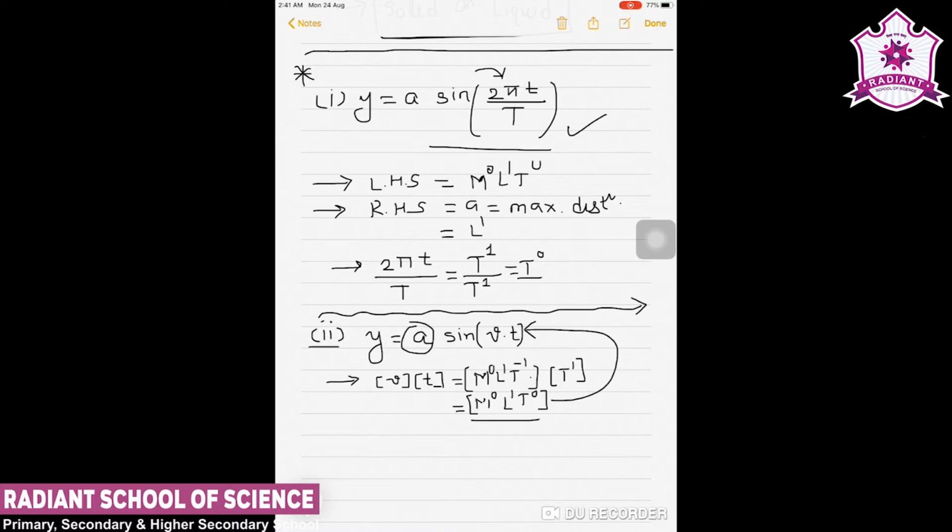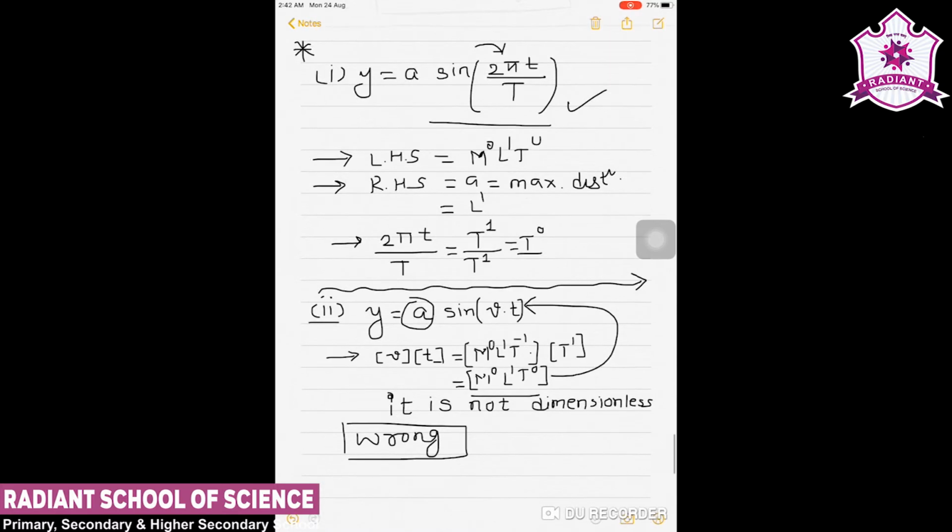So in this sinusoidal equation, v into t must be dimensionless, but here it is not true, it has some dimension, so it is not dimensionless. And therefore we say that it is not true. So this is a wrong equation. Equation 2 that is given is a wrong equation.